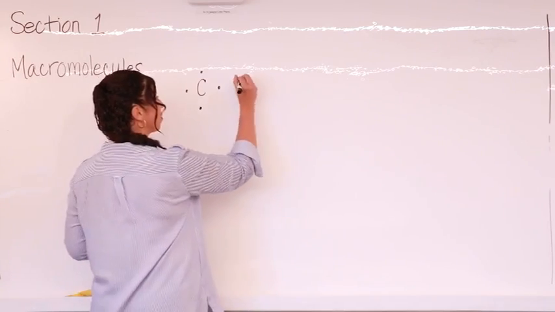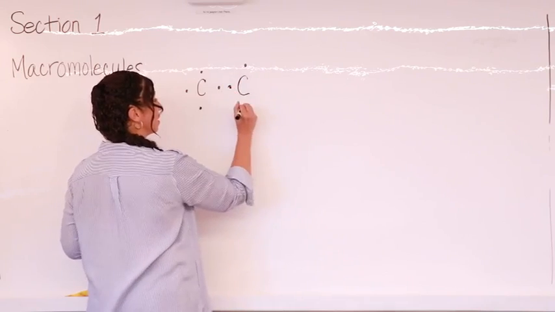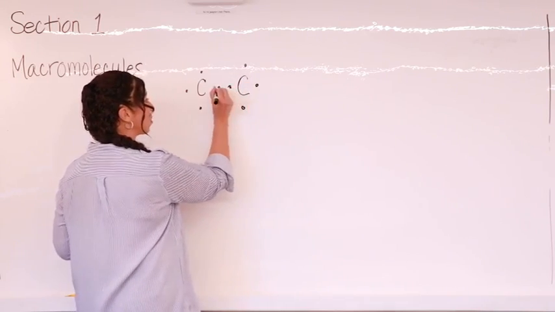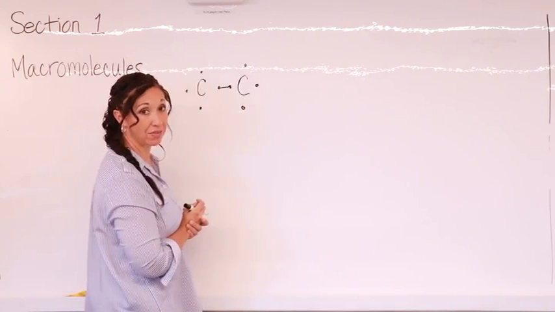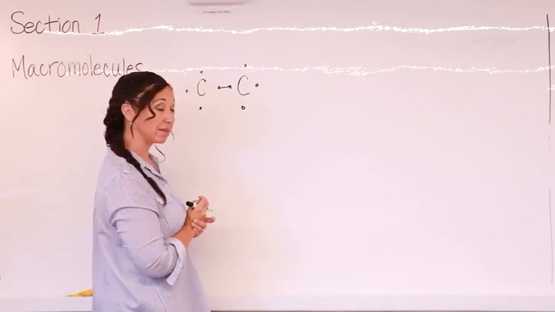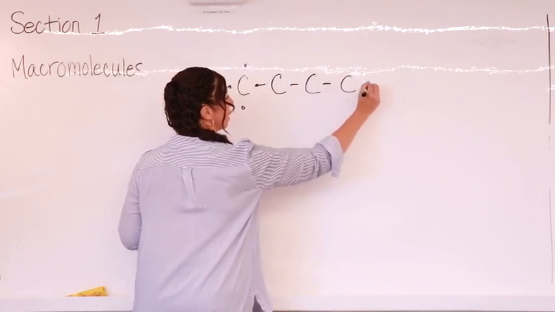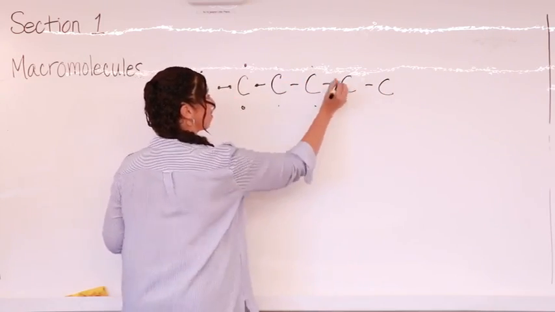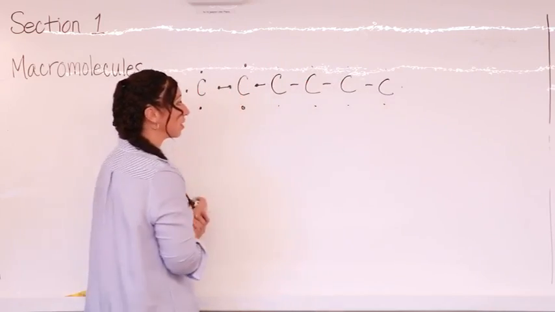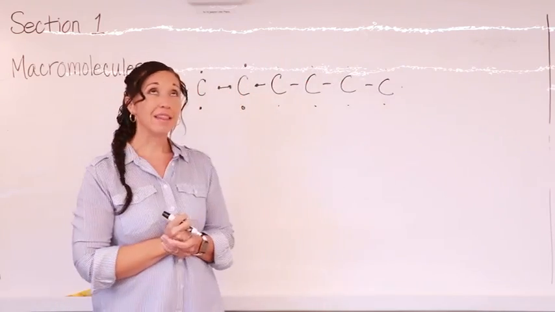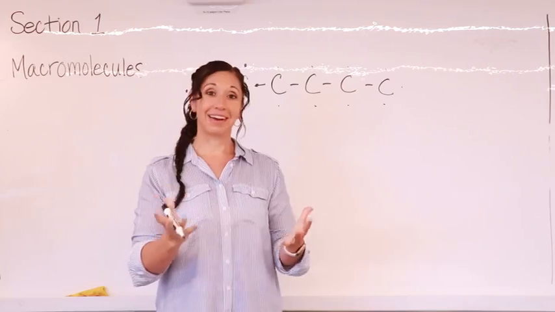So if I have another carbon atom here, these two electrons can easily bond together, and you have a very stable covalent bond. And honestly, this can keep going and going, and you have all these valence electrons surrounding carbon. An atom that loves to surround carbon is hydrogen.